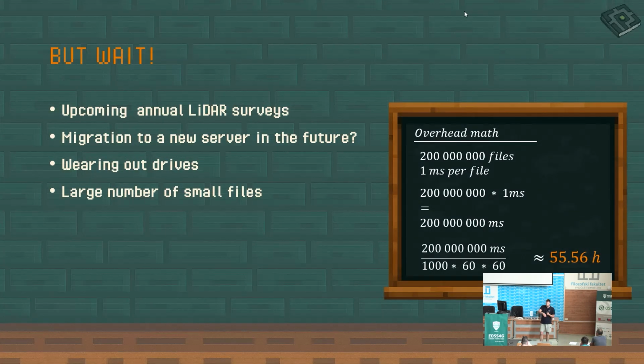So that's 2.5 days just for 1 millisecond of overhead. And also with that overhead problem, how will we manage our backups? It'll be quite hard to reduce that 1 millisecond. Maybe we should focus on reducing the number 200 million. That could be a bit easier.